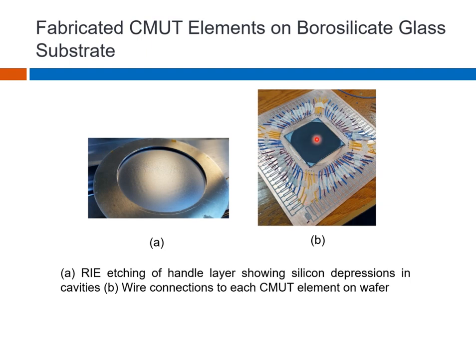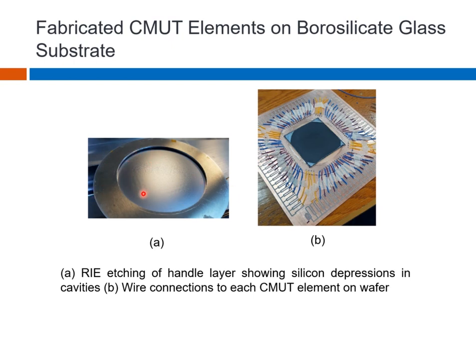For example, the top silicon can be grounded, and the electrical signal can be applied to the bottom electrode through the connection pads, and then you can sweep the signal over whatever frequency range of interest in which you have the resonance you want to see, and you can see how the impedance is varying with frequency. Okay.